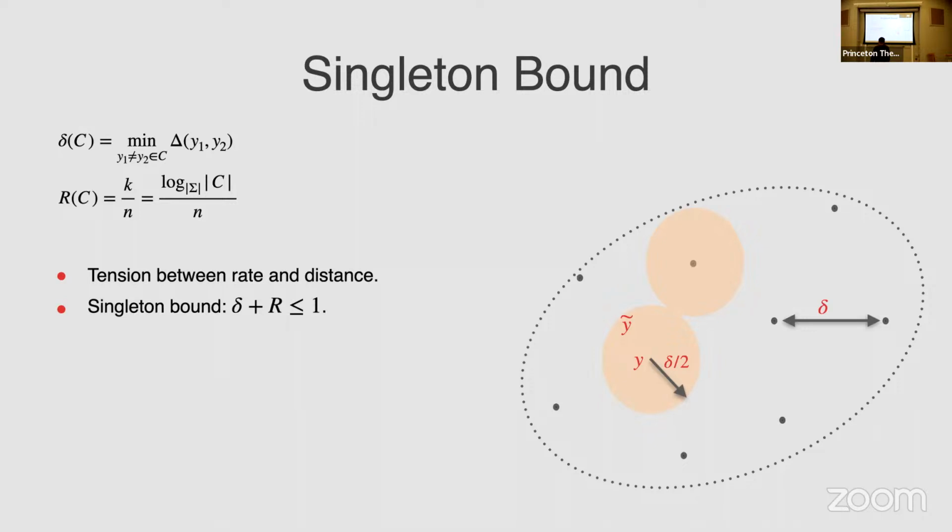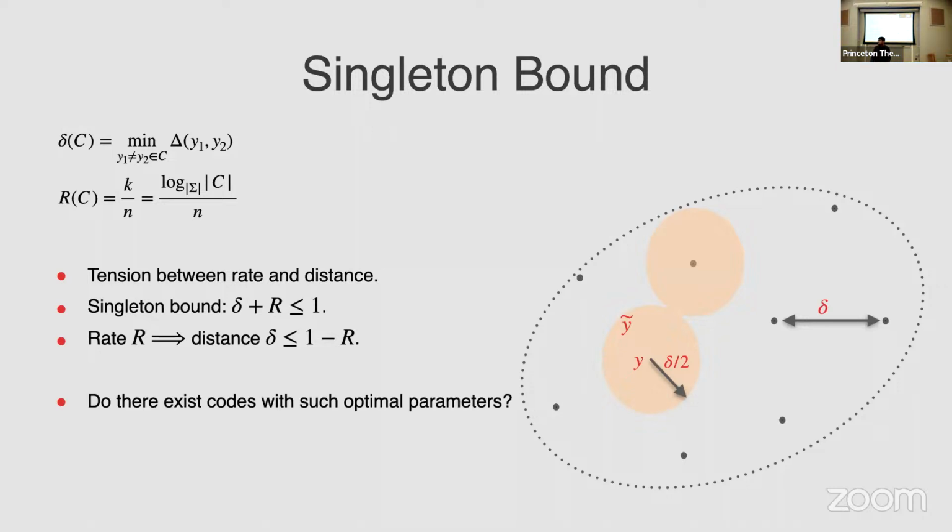This means that if we have a rate R code, the distance has to be at most 1 minus R. So any code must satisfy this inequality that the rate plus distance cannot be more than 1. But this doesn't rule out, let's say, constructing codes with distance as close to 1 as we want.